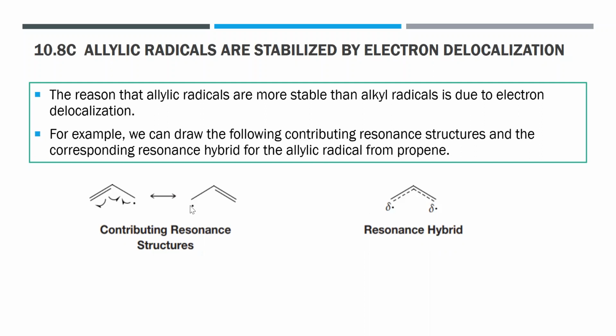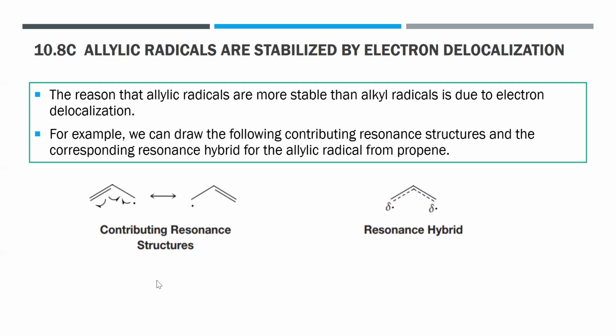So the electron that is initially contained, as we have seen earlier, on this carbon, this radical is not only contained in this carbon because of the resonance structures or pi electron delocalization. It's actually what we call delocalized throughout these 3 carbons, in such a way that we can have a resonance hybrid for these 2 contributing structures.